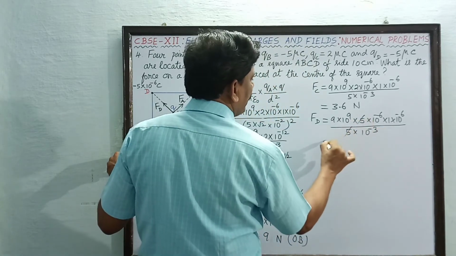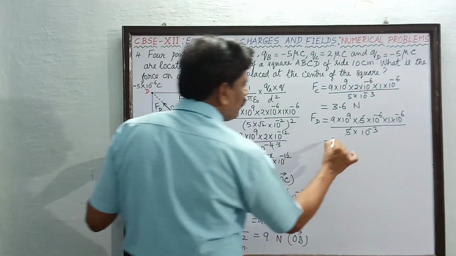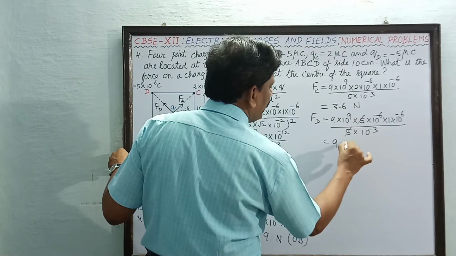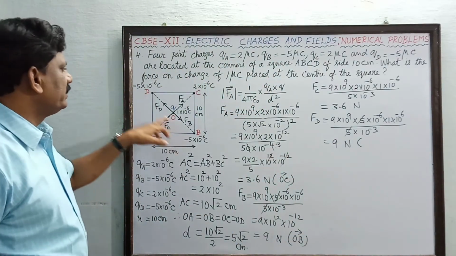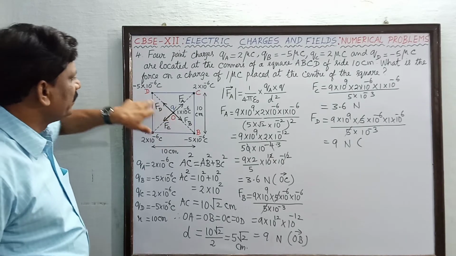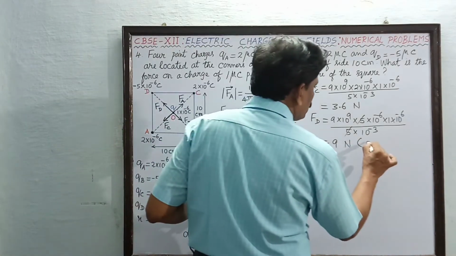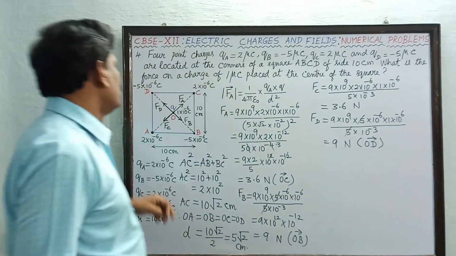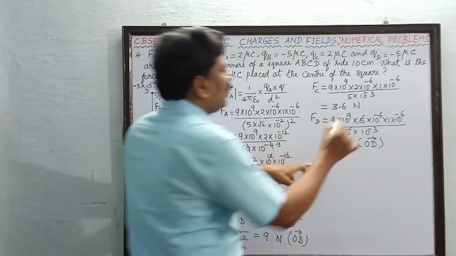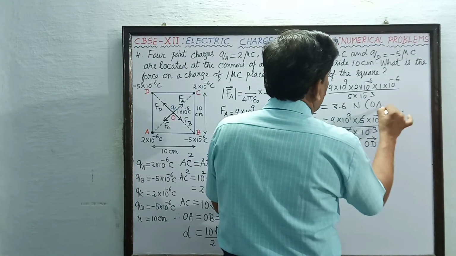So this 5 get cancelled and you will get 9 Newton only. Now this FD is going to act in which direction? O to D. So this force will be along O to D, and FC will be along O to A.